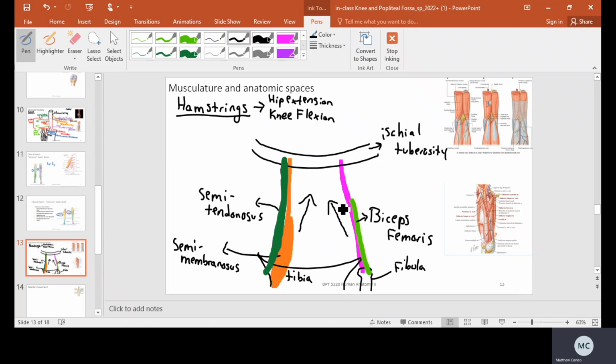So if I ask my patient to flex their knee in a prone position, and I watch the tibia rotate one direction or the other, what does that mean? Right, one side's not doing its job.